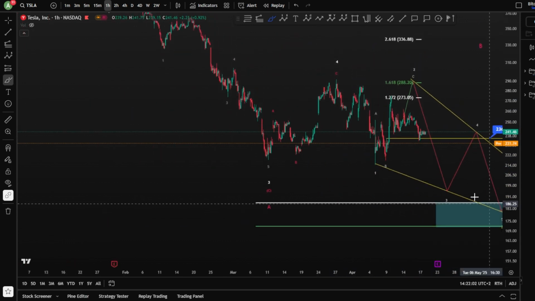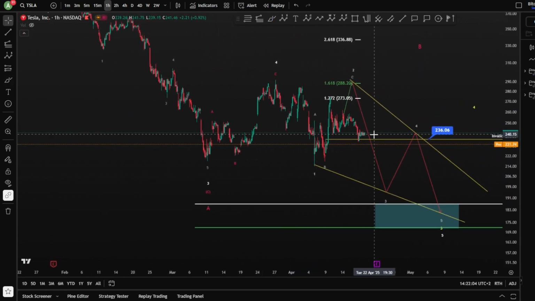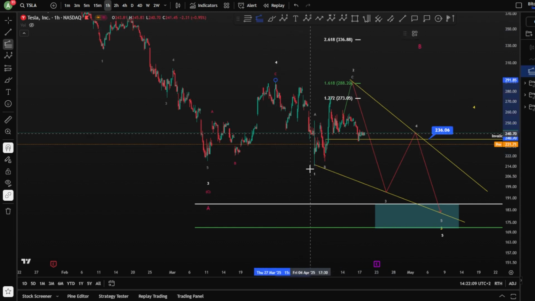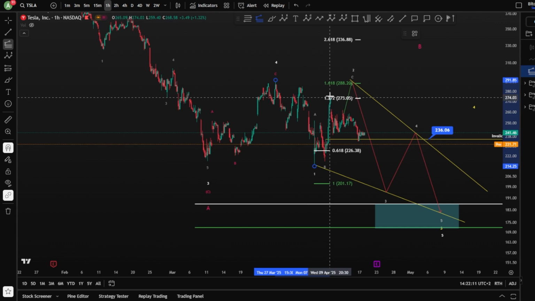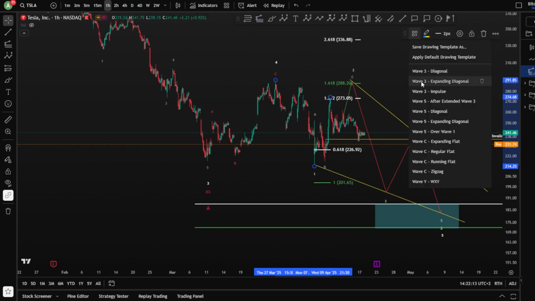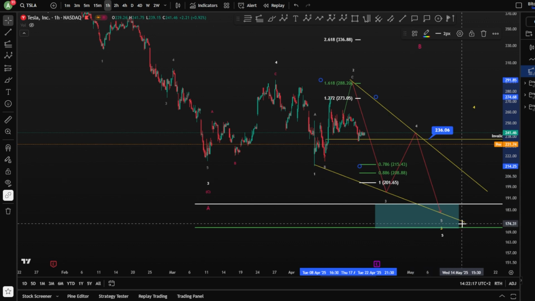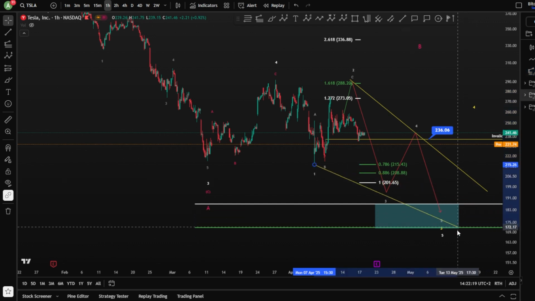So basically, I would say the next target, if we want to get closer for a wave 3 here, might be this one as well. If we have a wave 3 as a diagonal here, we are looking potentially for this scenario. So it is not necessarily going to move aggressively like this toward the downside.